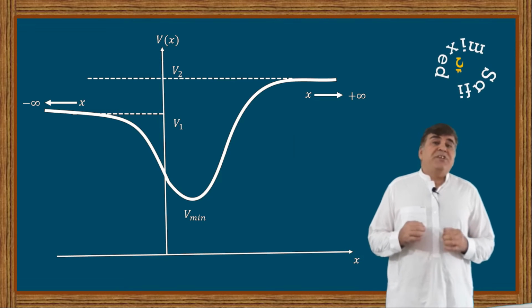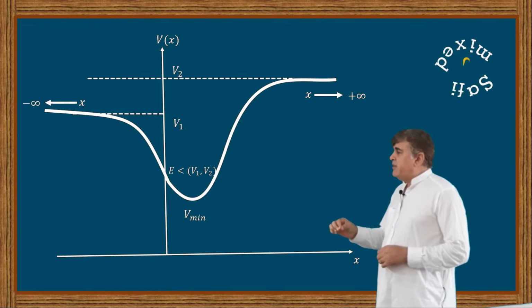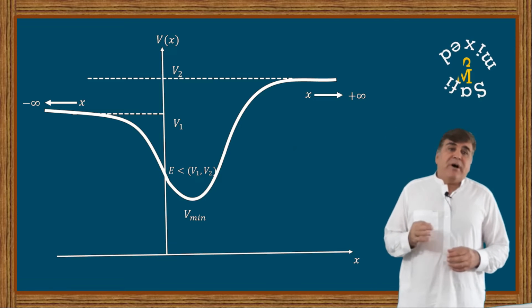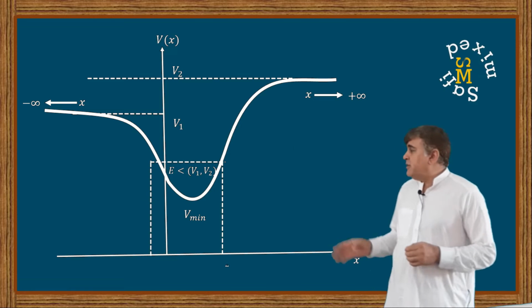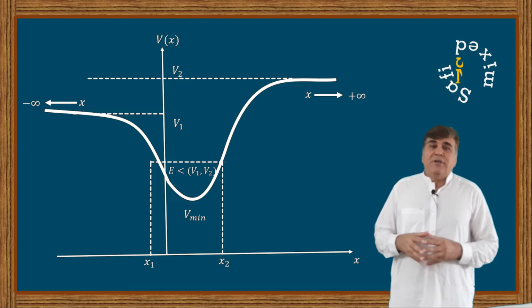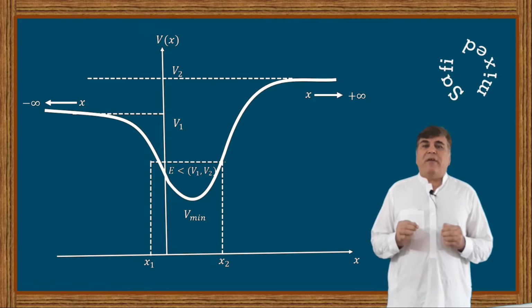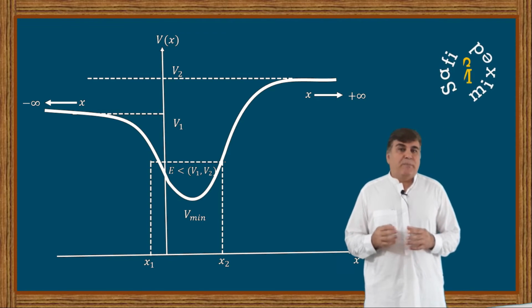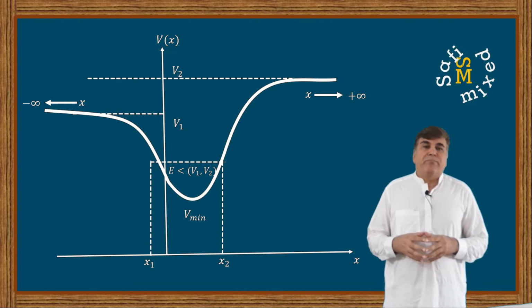If the total energy E of the particle is such that it is lesser than both V1 and V2 and greater than V minimum, the particle would reside in the region bounded between positions x1 and x2, as shown in the plot. The solutions of the time-independent Schrodinger wave equation for such values of total energy of a particle are called bound state solutions.